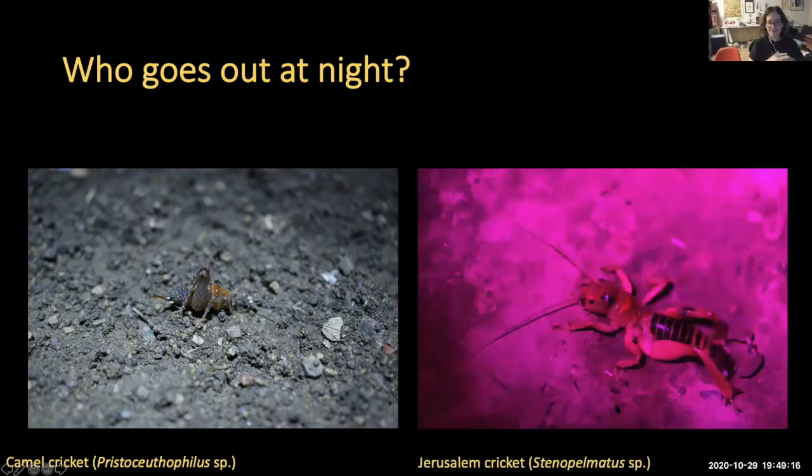Another cool organism we might see is its relative, the Jerusalem cricket. It's also called a potato bug. It's not a potato or a bug. It didn't come from Jerusalem, and it's not a cricket, but it's a really awesome insect. And you can see that they're pretty large. It's difficult to tell from the photo, obviously, but it's a pretty large insect.